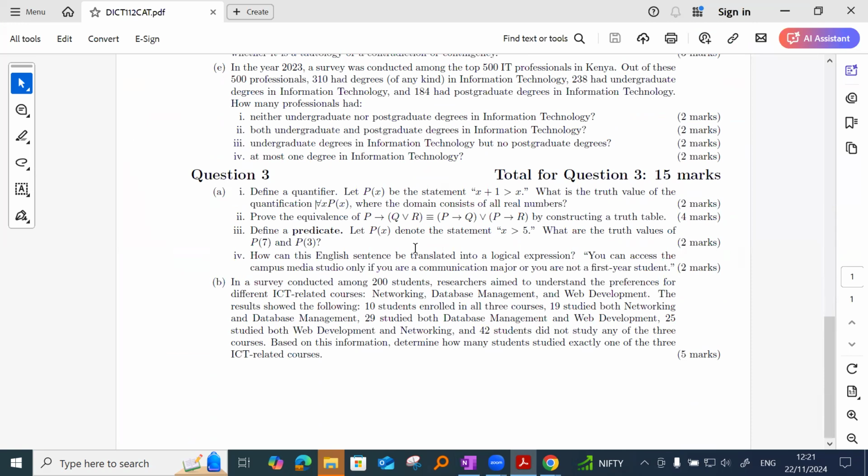In a survey conducted among 200 students, researchers aimed to understand the preferences for different ICT-related courses: networking, database management, and web development.